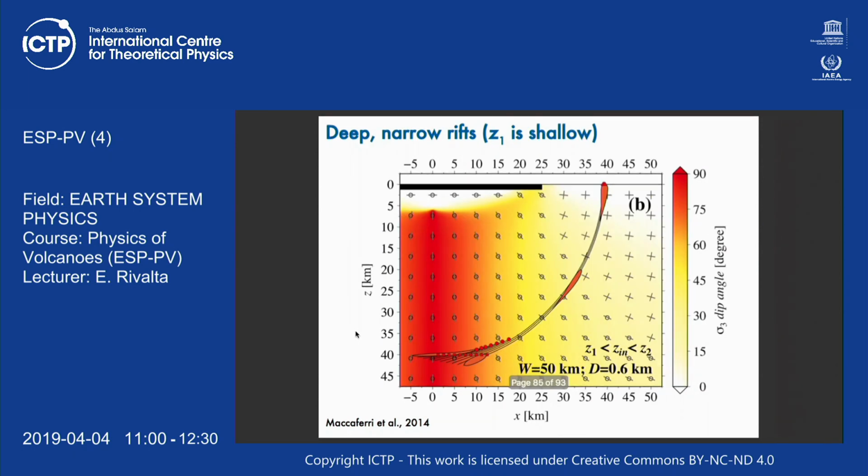However, if you have a deep and more narrow rift, then this stress area will be really strong and actually force any dikes that are stored here, at least if the crust-mantle boundary is around this depth, all of them will be forced to be horizontal.